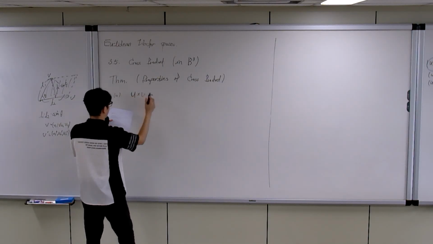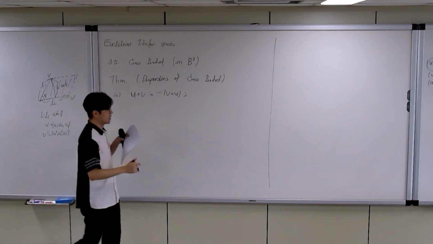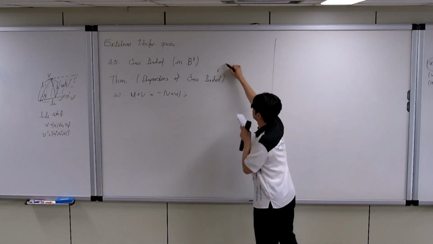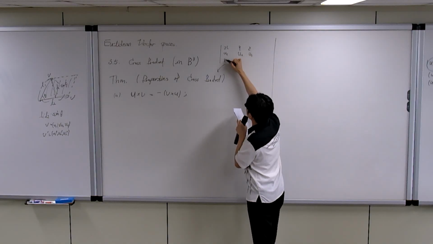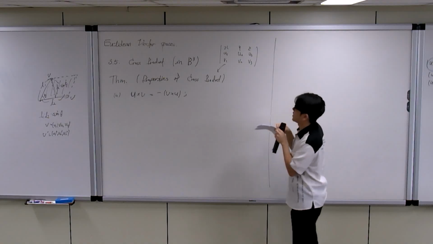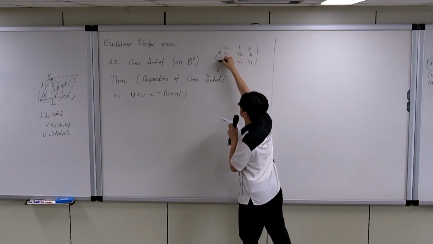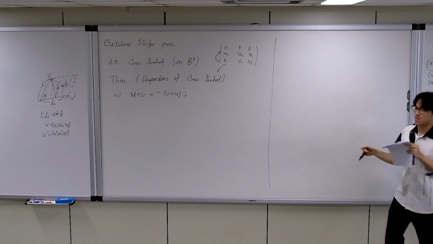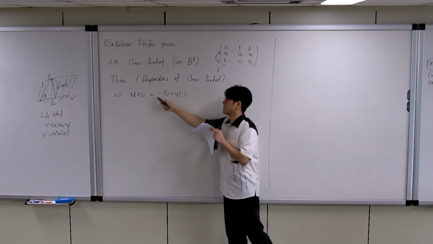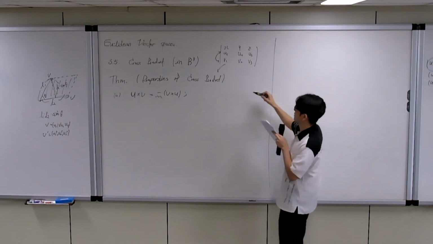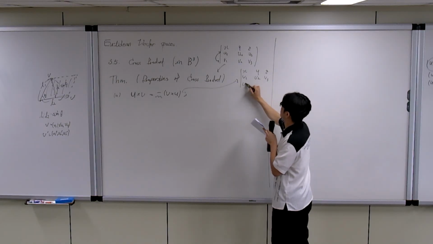U cross V is the same as minus V cross U, because we calculate the cross product using the determinant with rows U, V. If you calculate U cross V and V cross U, the rows just change, and in the determinant sense, if you swap two rows one time, it gives a minus sign. That is the calculation of that matrix.